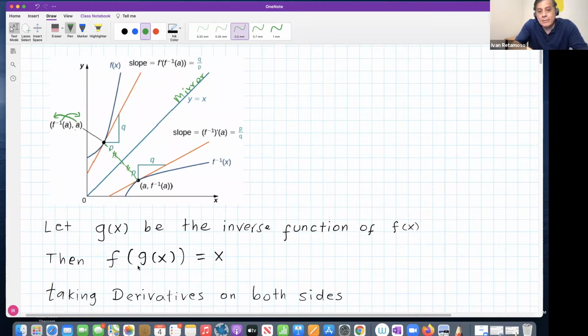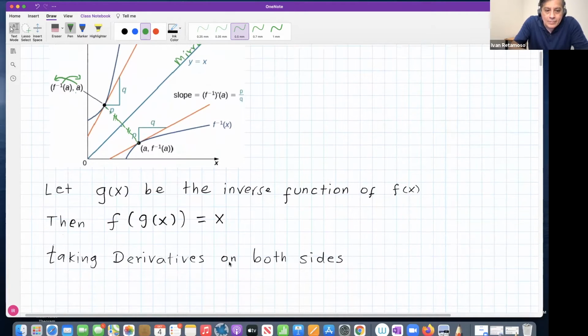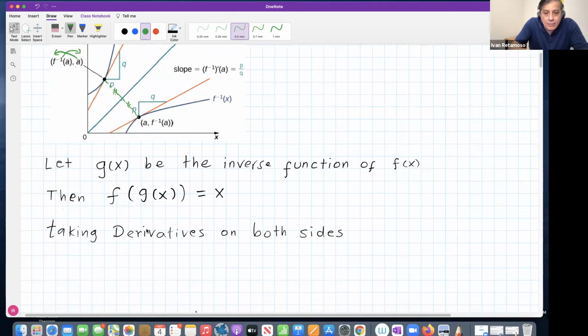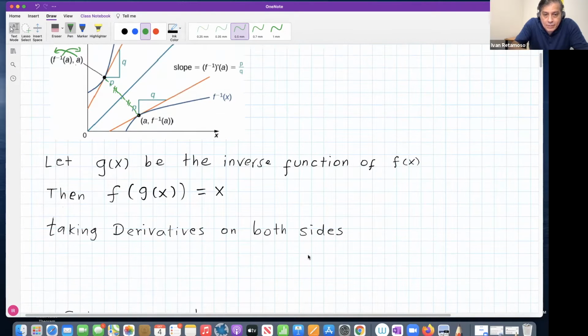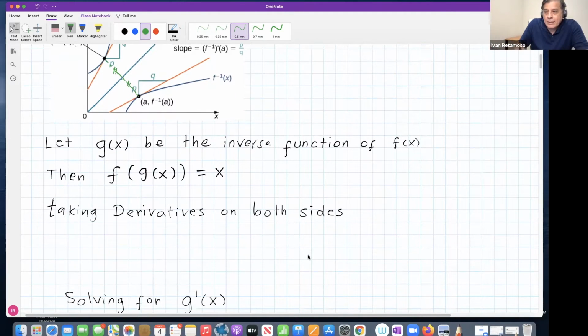Remember, we do the composition of a function with its inverse in any direction, the result is the input value, x. So now, taking derivatives on both sides of this equation, what are we going to get? Well, notice that this guy is going to play the role of the outside function. This guy is going to play the role of the inside function.